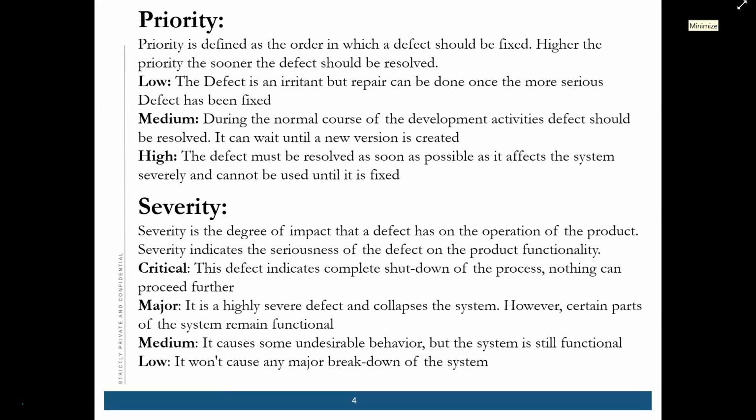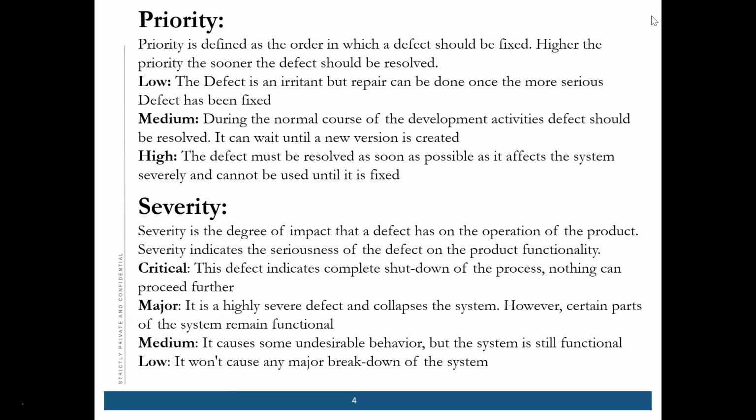Severity is the degree of impact that a defect has on the operation of the product. Severity indicates the seriousness of the defect on the product functionality. Critical: this defect indicates complete shutdown of the process. Nothing can proceed further. Major: it is a highly severe defect and collapses the system.